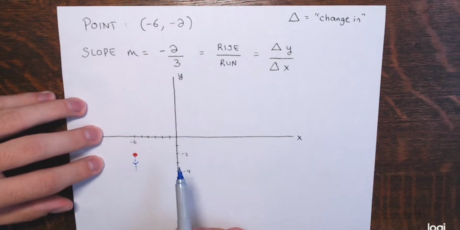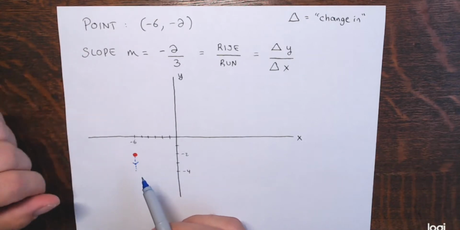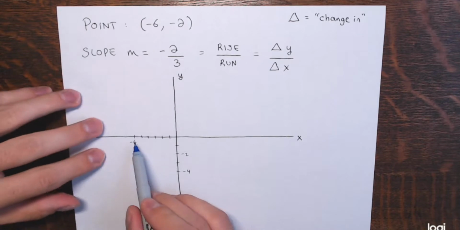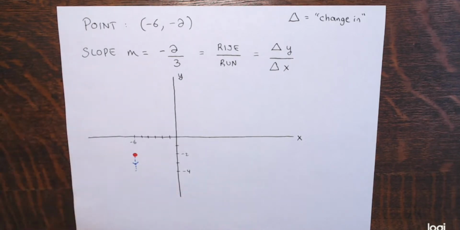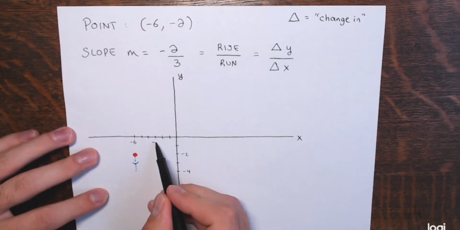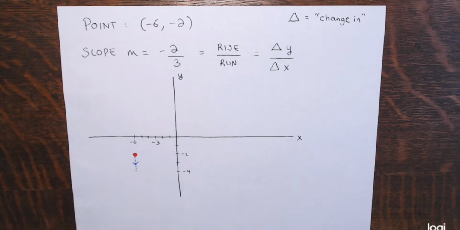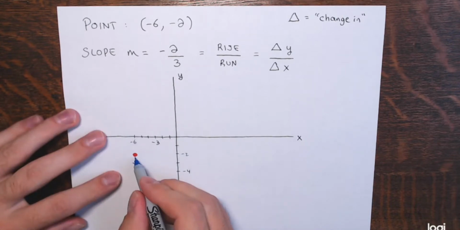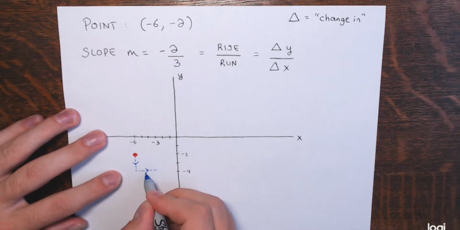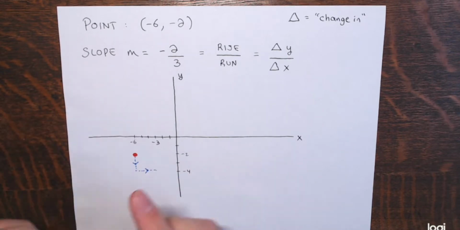Positive changes increase values, negative changes decrease values. So currently I'm at a point with an x value of negative 6. If I go to the right 3, I'll be at an x coordinate of negative 3. So from this point that they gave me, down 2 and right 3, I land here.